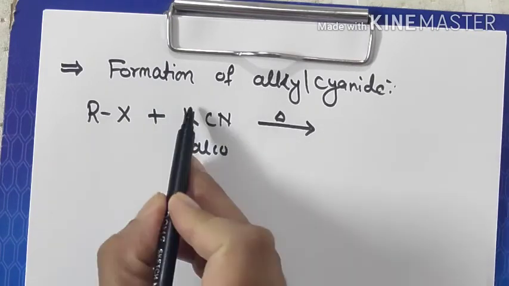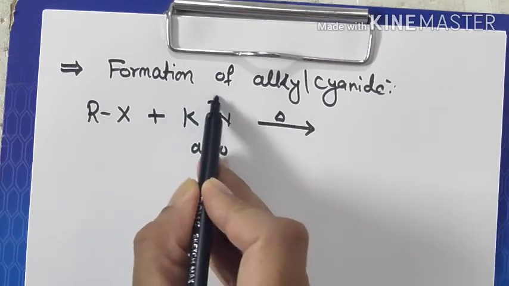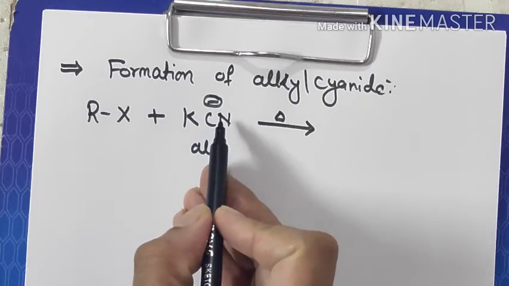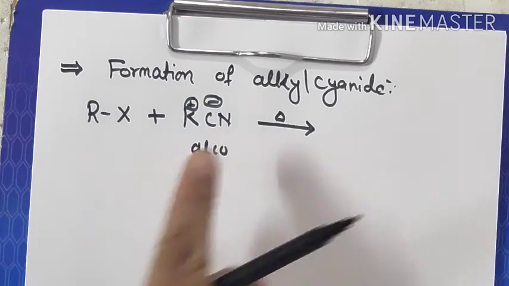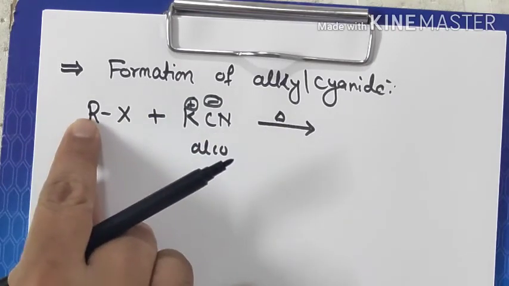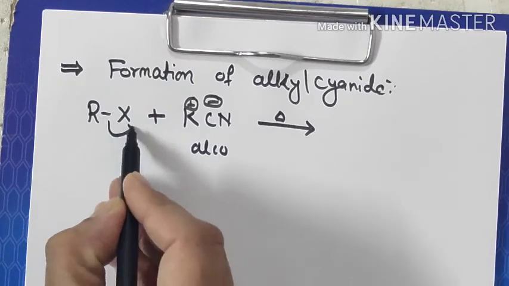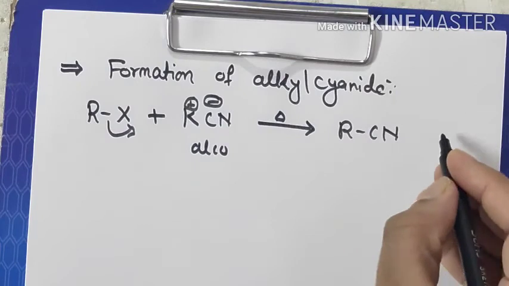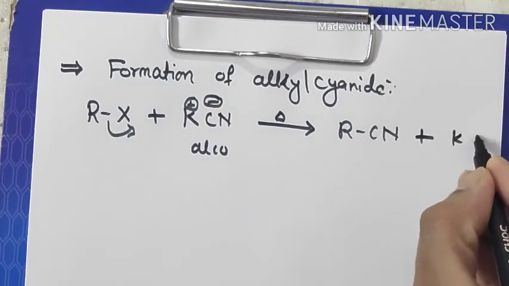So this will acquire K plus and this CN minus, and this negative charge is on the carbon, right? This negative charge is on carbon and this will become plus. So this CN minus will attack from backside, and this X will move out. So it results in the formation of RCN, alkyl cyanide, plus KX, right?